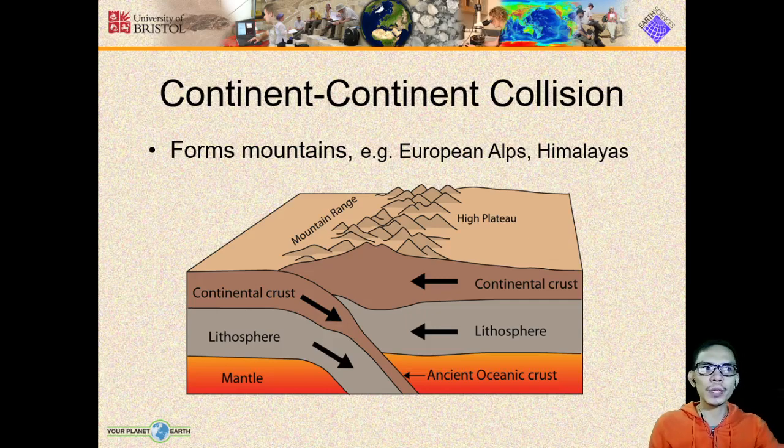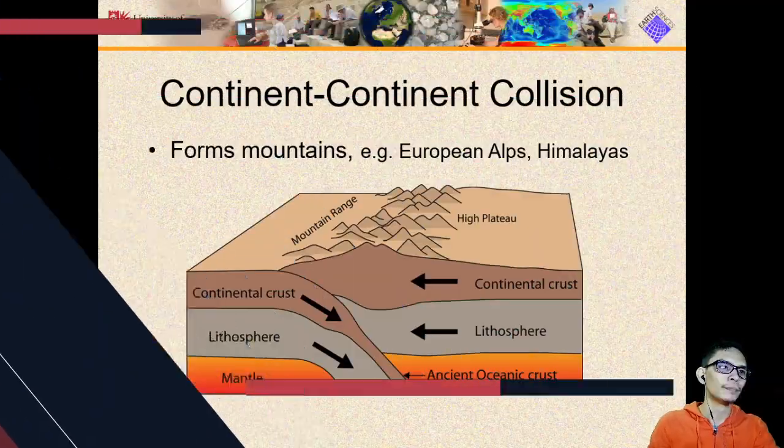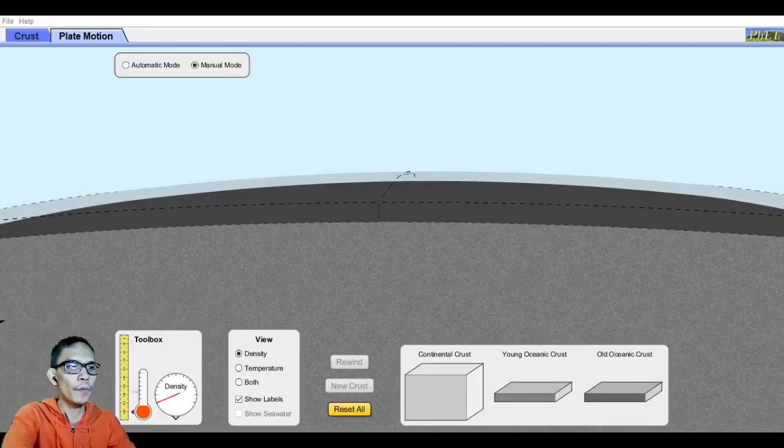Let's start with the continent to continent collision. But before we go to this one, let's look first at the simulation I have right here, coming from PhET. Over here is the simulation that showcases plate motion.